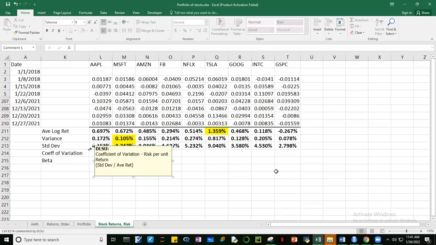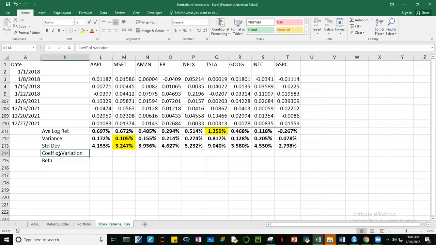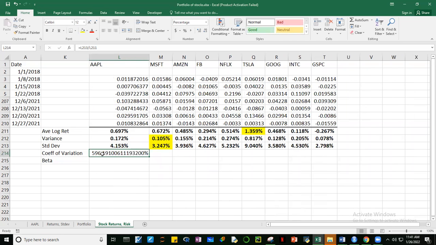So if we take both into consideration, then we have a measure called coefficient of variation, which is just computed by dividing your standard deviation by your average return.